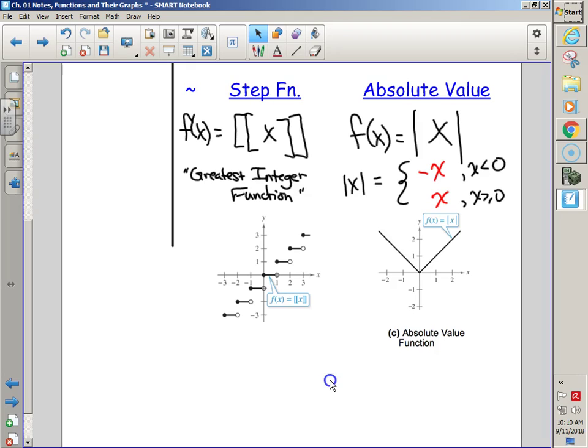Anybody know what I'm doing? You guys remember this from Algebra 1? Real, irrational, rational. Oh.